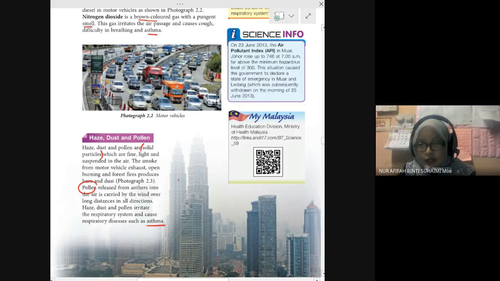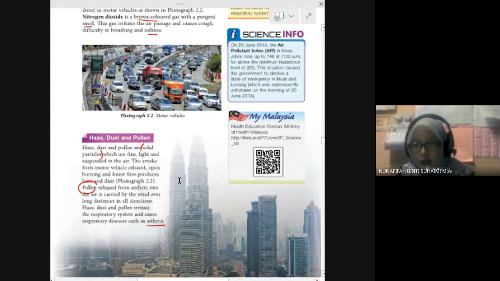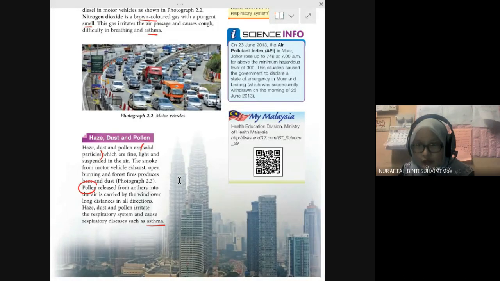Five harmful substances to your respiratory system: cigarette tar, carbon monoxide, sulfur dioxide, nitrogen dioxide, haze, dust, pollen. Boleh ingat tak tu? Cigarette tar blackens your lung, causes lung cancer. Carbon monoxide comes from exhaust, from the smoke.